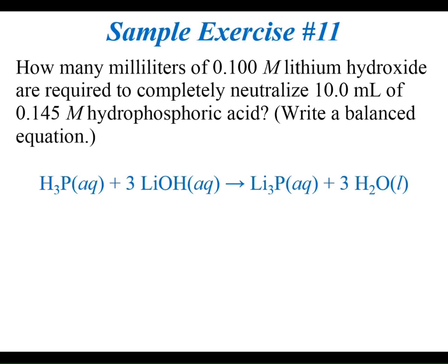So you should get this. H3P plus 3 lithium hydroxides makes Li3P and 3 waters. Okay, we'll carry on from there then if you got that. If not, we'll make a little correction. Phosphoric is H3PO4. Hydrophosphoric, H3P.